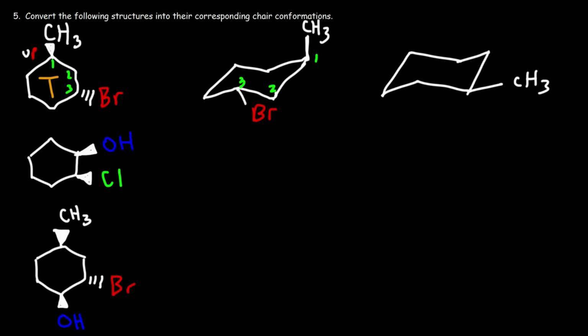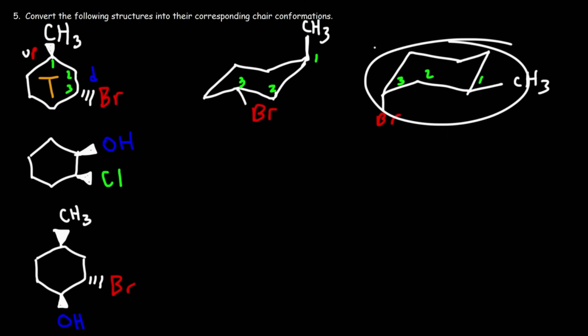If it's on a dash, place it in the down position. So now this will be carbon 1, this is going to be 2, and this is going to be 3. So this is going to be down, but it's going to be axial down. So these two structures, they both correspond to the trans isomer. As we can see, this is up and this is down, which makes it trans.